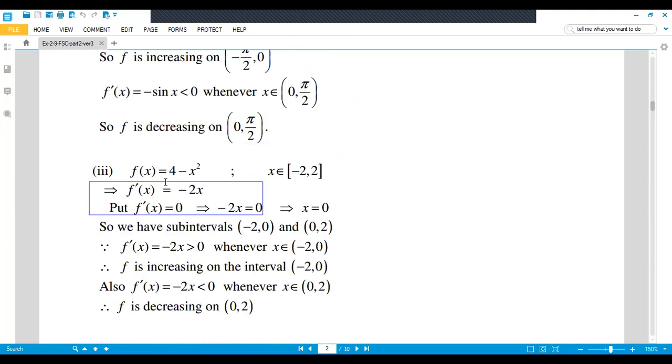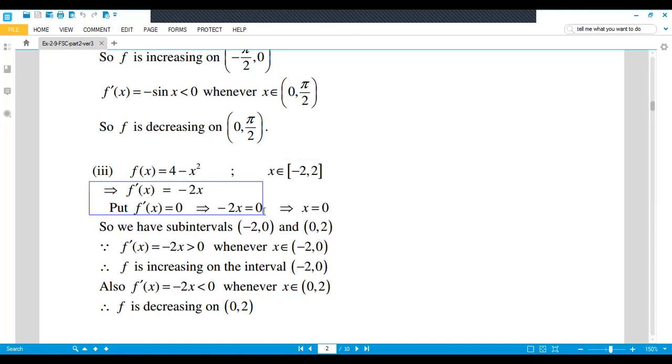So look at the third part. In the third part, you are given f of x equal to 4 minus x square, and the given interval is minus 2 and 2. Look, when you put minus 2 in place of x, you will get 0, and when you put plus 2, you will get 0. So the given interval is minus 2 to 2. So you differentiate. The derivative of 4 is 0, and the derivative of minus x square is minus 2x. The coefficient of the power comes in, and from the power you subtract 1, so you get minus 2x. Now the first derivative is equal to 0.